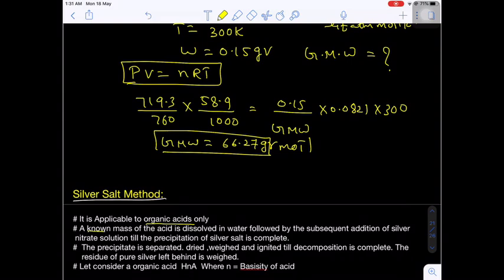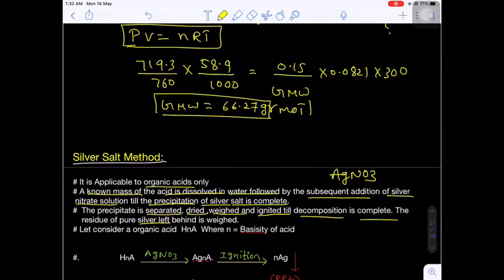Here a known mass of an organic acid is first dissolved in water and treated with silver nitrate solution, AgNO3. The silver present gets precipitated to give a silver salt. The precipitate is separated, dried and weighed, then heated again and decomposes to give a residue, which is silver.